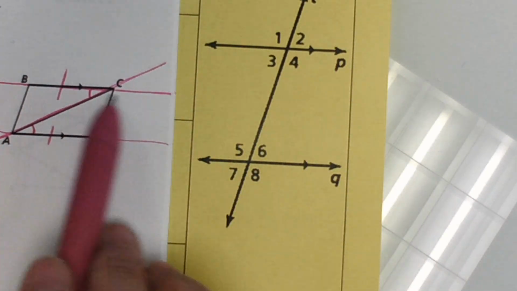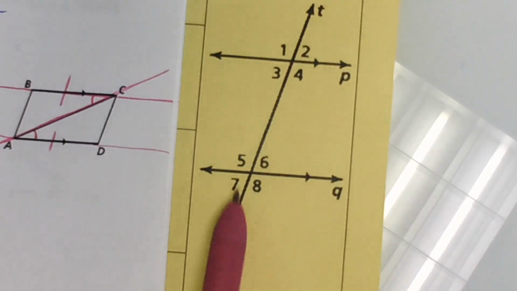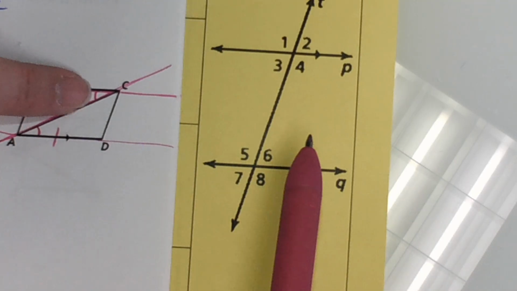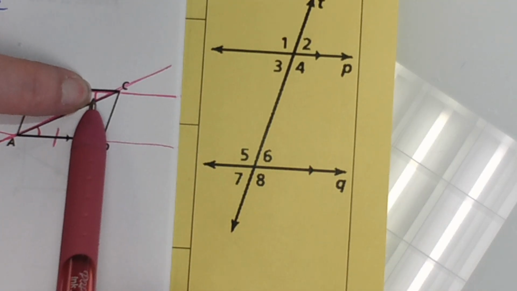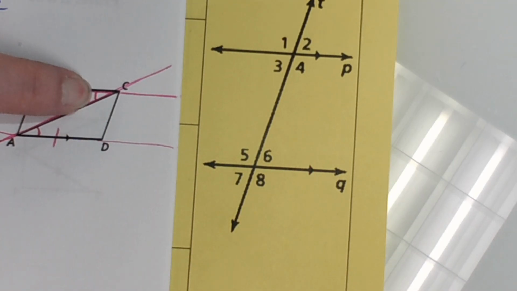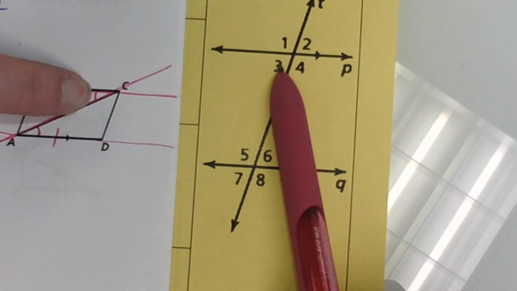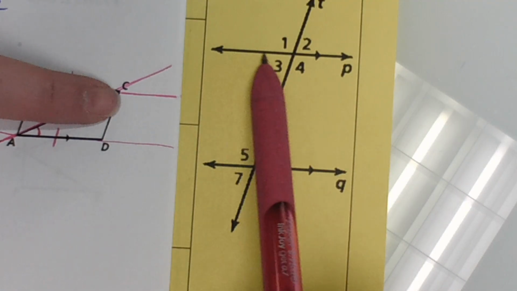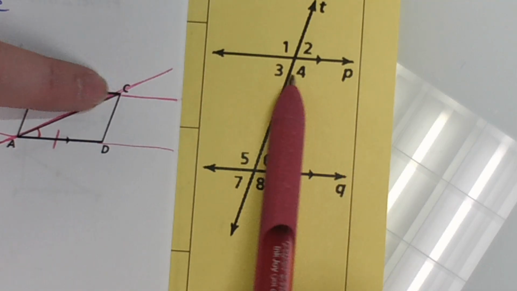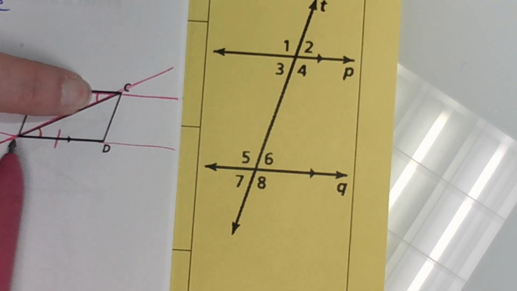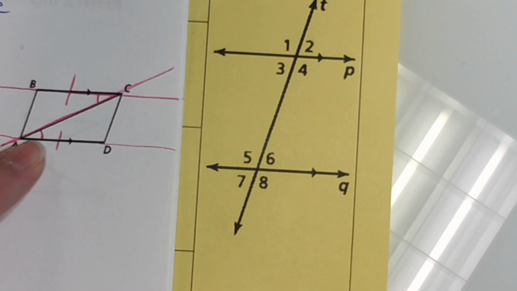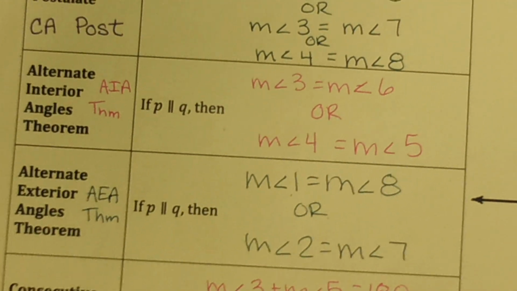If I compare this with this, which angle spot is this located in? Three, because it's below the parallel line to the left of the transversal. Which location is this one in? 6. 3 and 6 are what kind of angle pair?